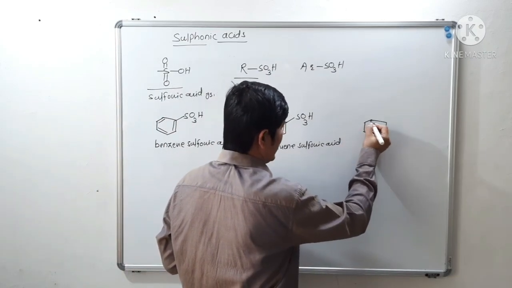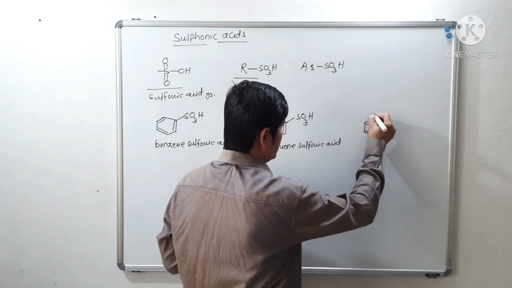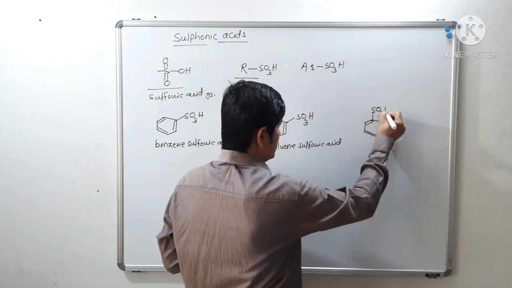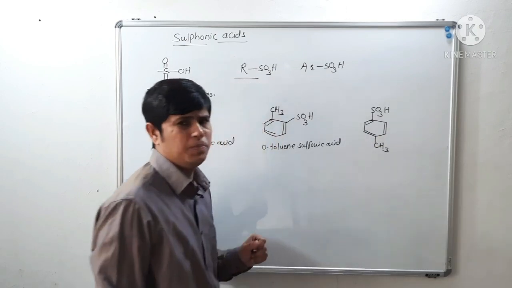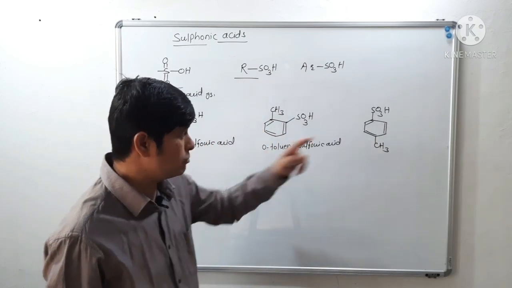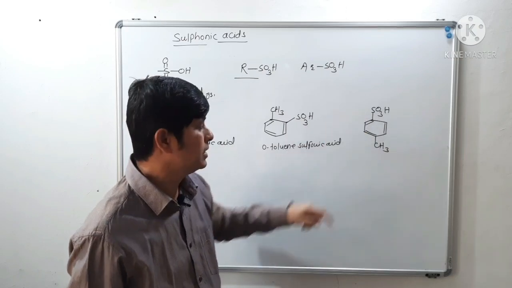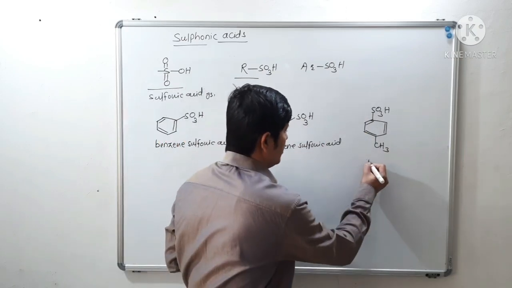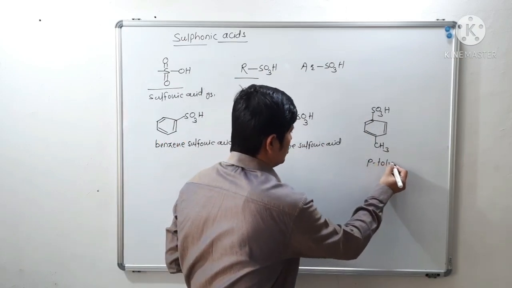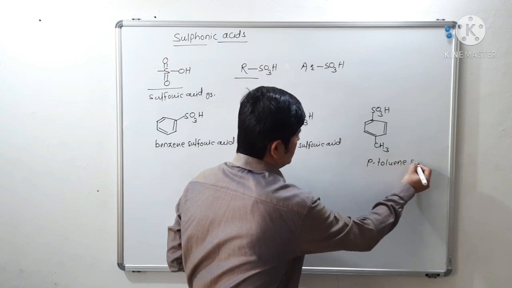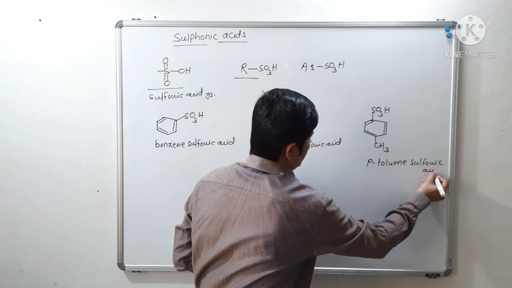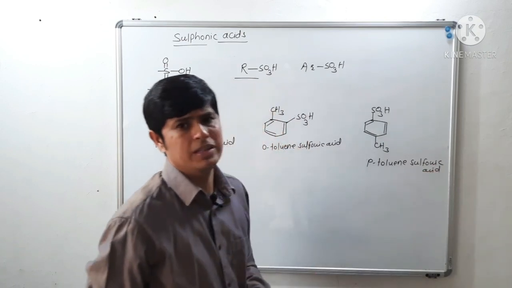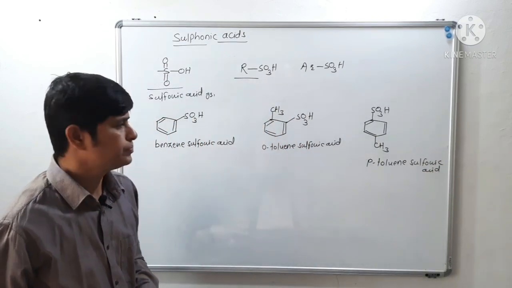And suppose we have a compound where the methyl group is at the para position with respect to the sulfonic acid group, then it will be para toluene sulfonic acid.